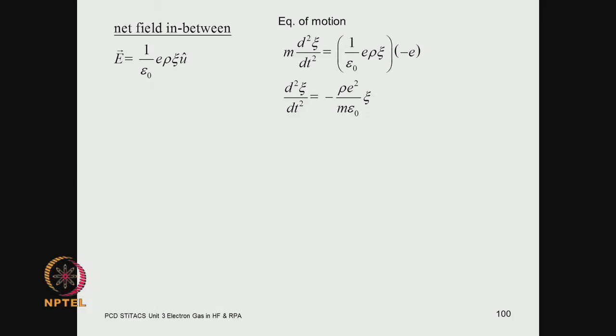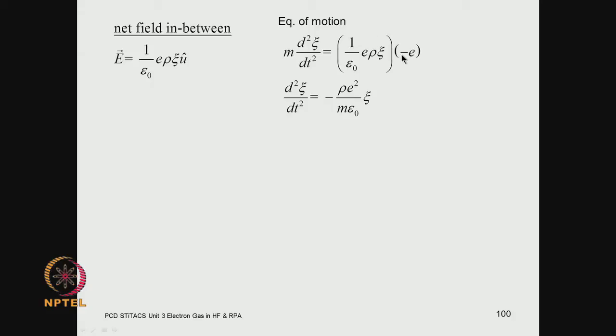So, you consider a slight displacement of the electron gas, and then you are left with a net effective surface charge density on the right side, which is of negative charge, and a net positive charge on the left. That gives you an electric field in between, and with that electric field you can set up the equation of motion, because mass times acceleration will be the electric intensity times the charge.